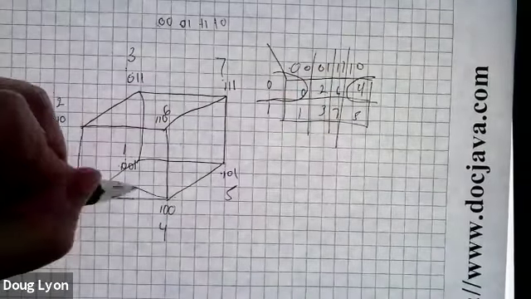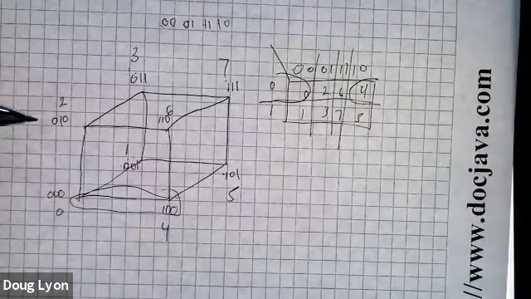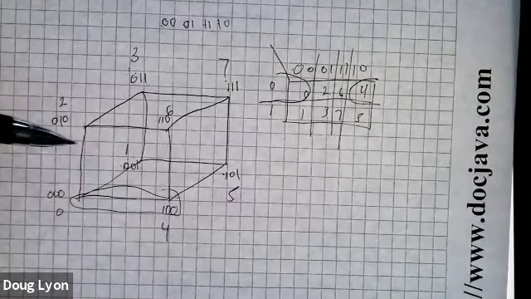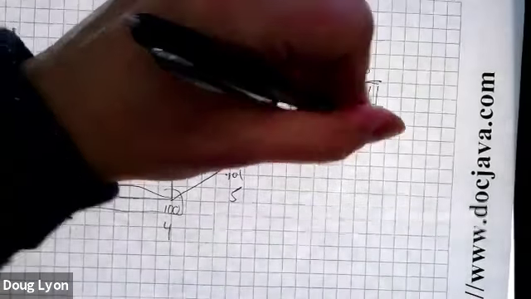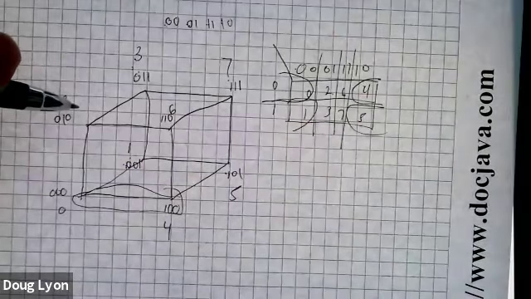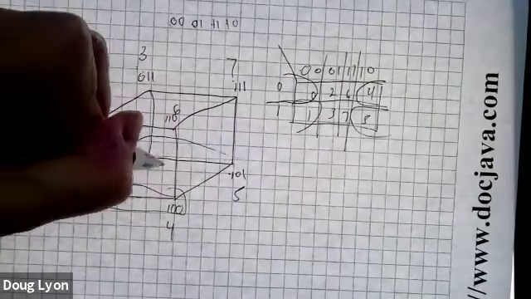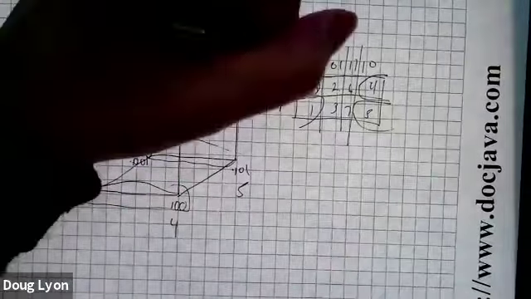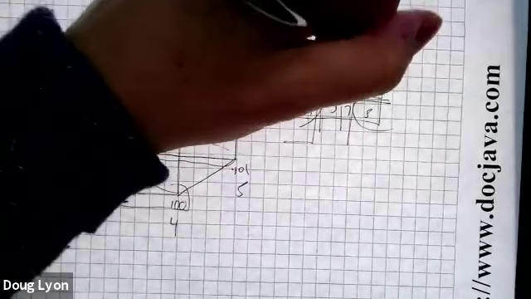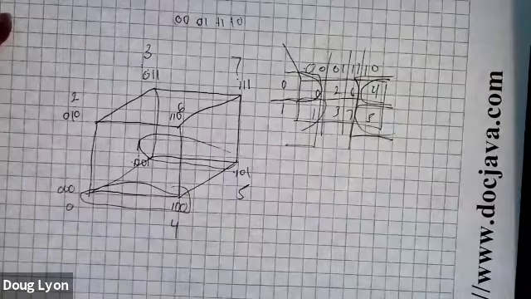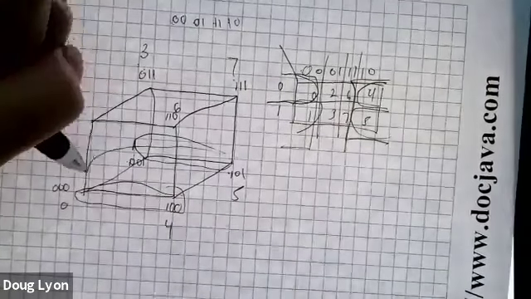Because 0 and 4 are right in the front. Why should I be able to loop 1 and 5? Well, because 1 and 5 are right here in the back. Why should I be able to loop these two together? Well, because that's like looping the whole floor.